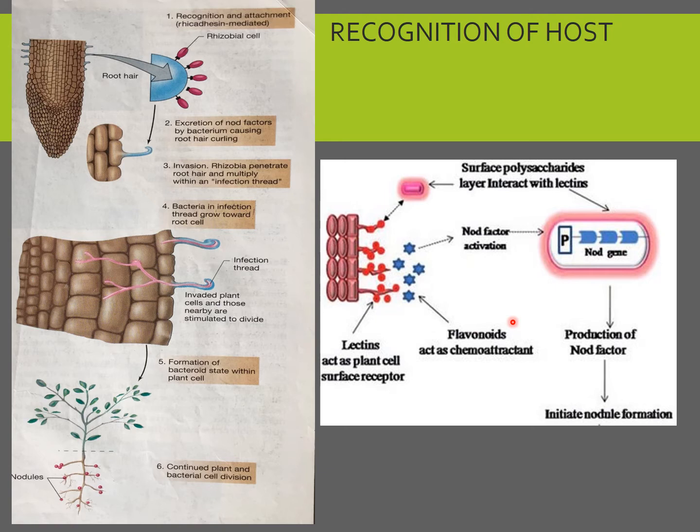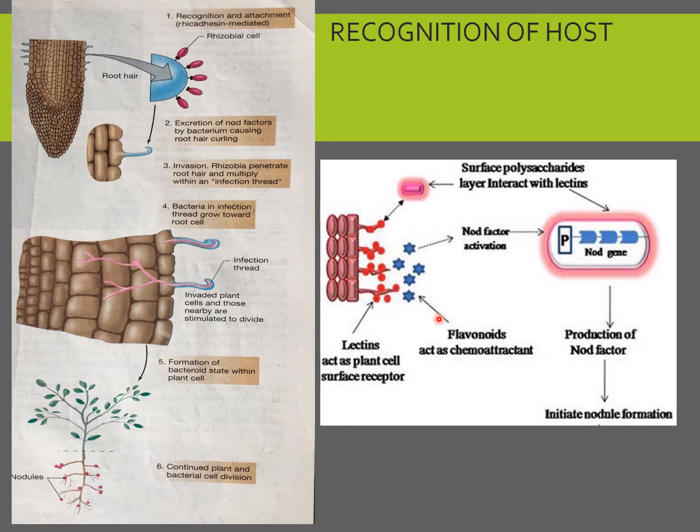The flavonoids have one more purpose. The flavonoids that are released by the roots also activate the Nod genes in the Rhizobium species. If you can recall from the previous classes, when Nod genes are activated, that leads to the production of Nod factors, and the Nod factors initiate nodule formation.